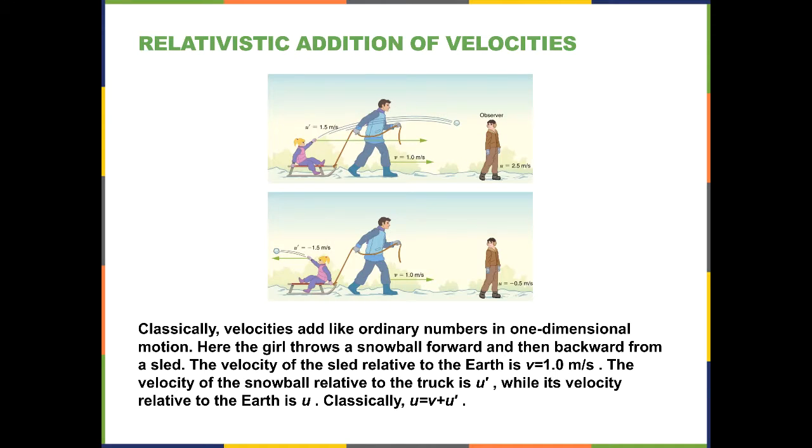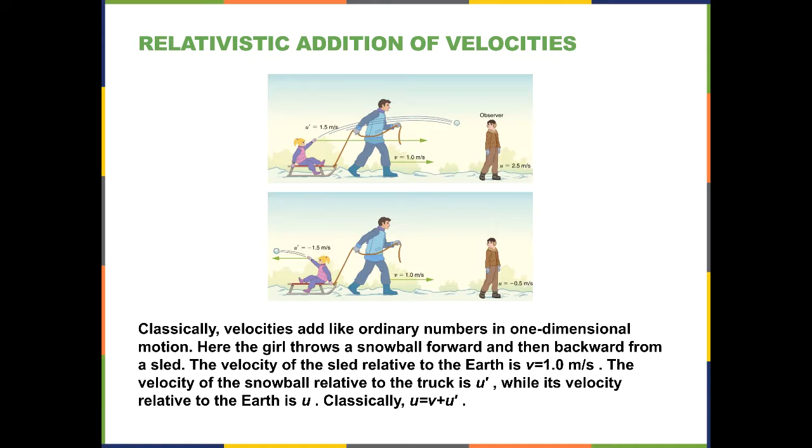So classically, if you have the top situation where a guy is pulling a little girl at a velocity of 1 meter per second, and she throws a snowball at a velocity of 1.5 meters per second, the first velocity is designated v, the second u prime. To an observer, the actual velocity of that snowball, u, is 2.5 meters per second, a simple addition of the two velocity vectors.